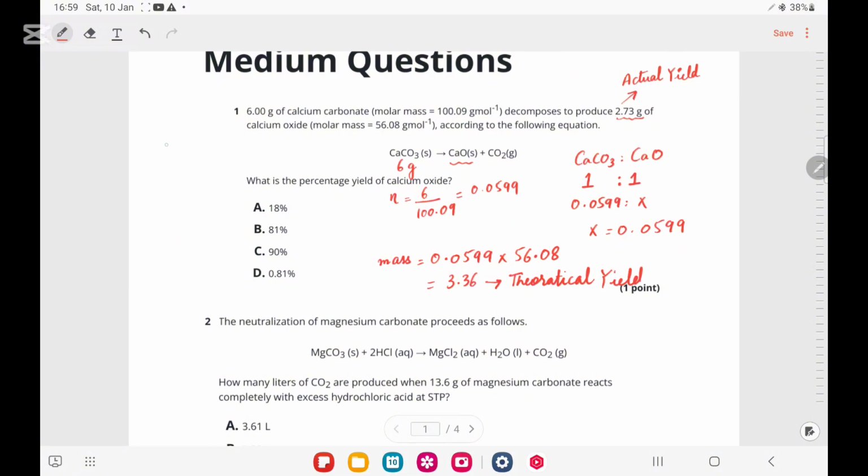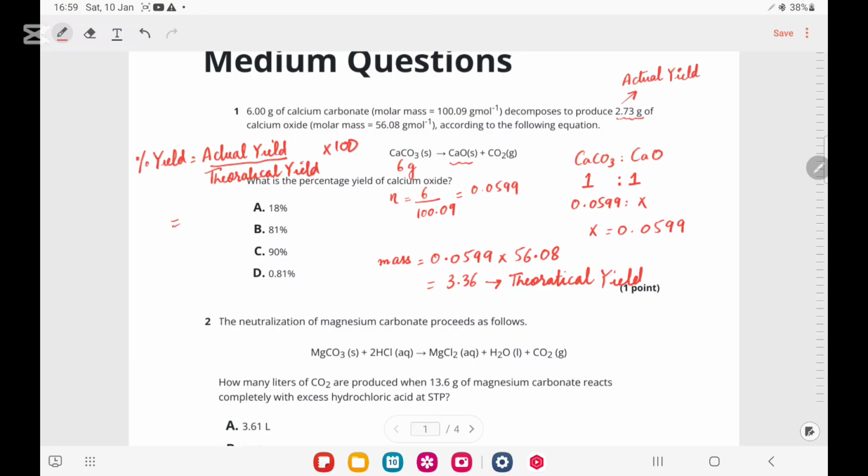Then the formula is percentage yield is actual yield divided by theoretical yield, times 100.